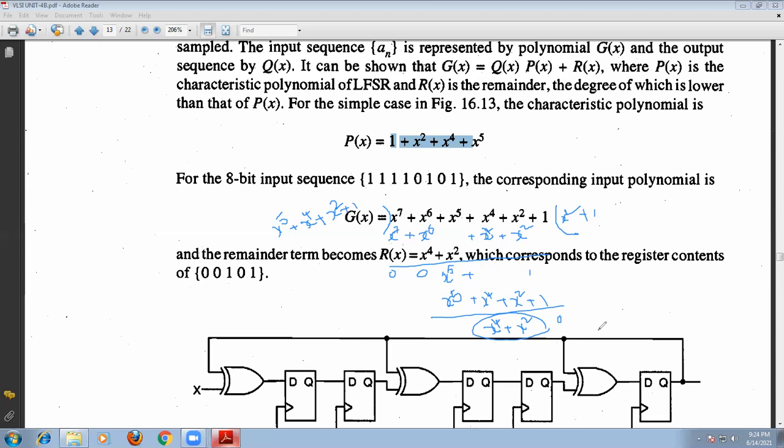The content of the register will be like this, because we are assuming this is x4, and this is x3, x2, x1, like this we are going to represent here. So these are x4, x3, x2, x1, and x0.